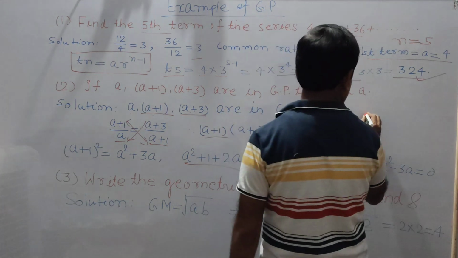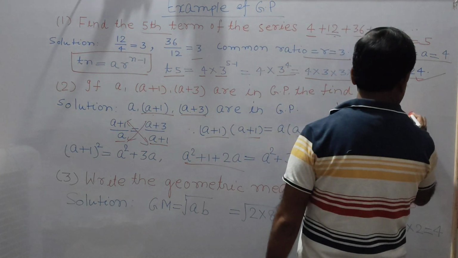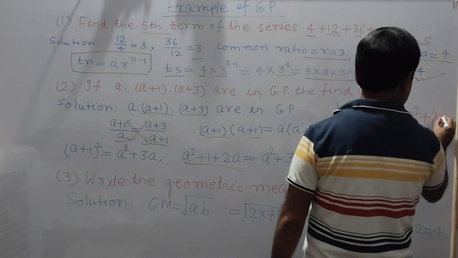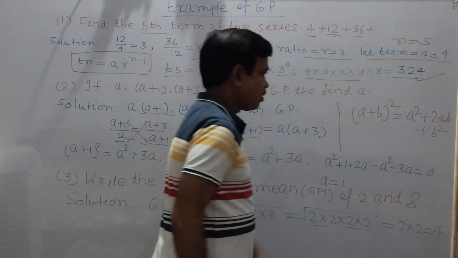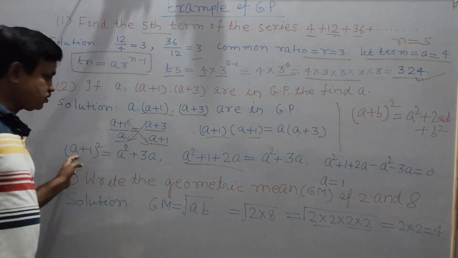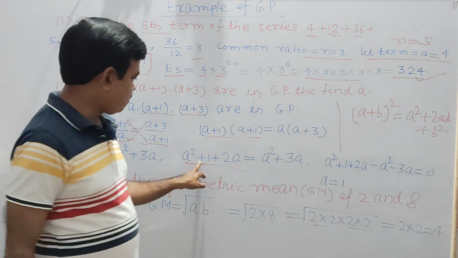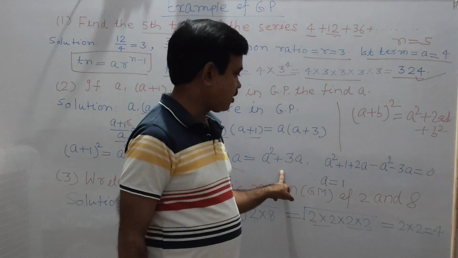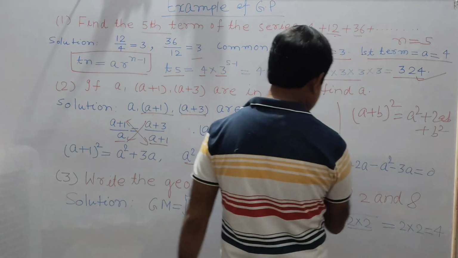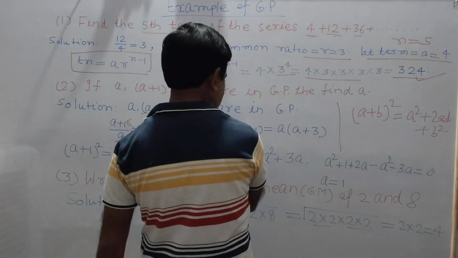Then we find a square plus 1 plus 2a. How does this come? We know that (a plus b) whole square equals a square plus 2ab plus b square. We apply this formula here. Then we find a square plus 1 plus 2a equals a square plus 3a. Keep this quantity on this side.